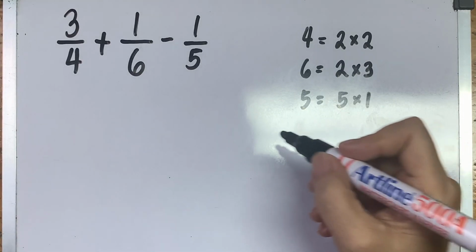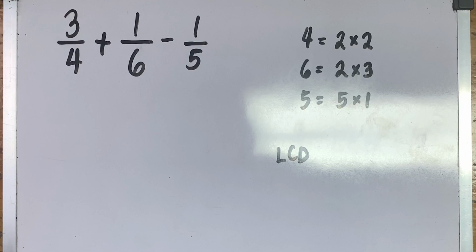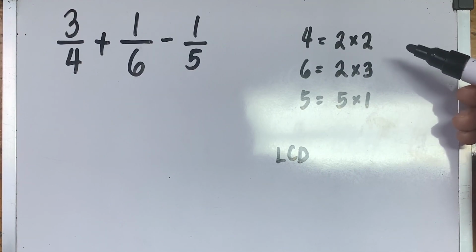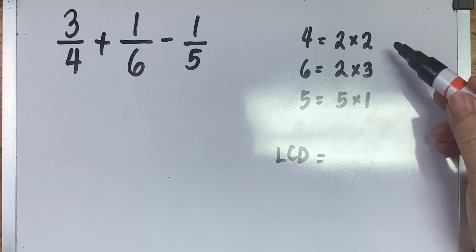Let's get the least common denominator. To get the least common denominator, we need to get the most number of occurrences of a certain number. Let's take 2, for example. Since 2 appeared twice here, we'll get that as part of our LCD because that's the most number of occurrences of 2.